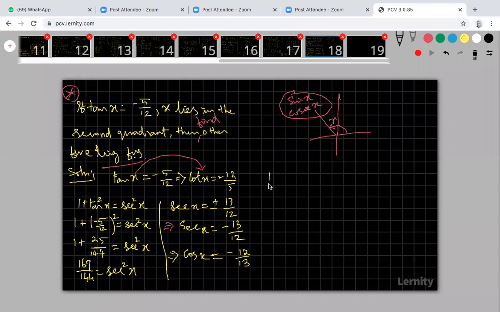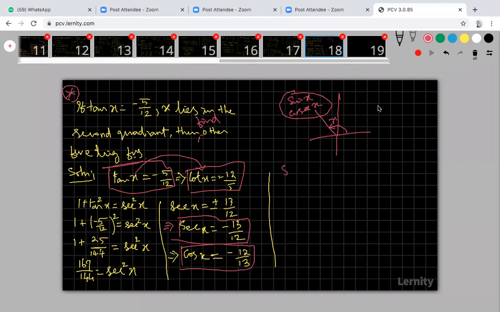So now, this is your tan x, this is given. This is your cot x. This is your secant x. This is your cos x. Now find sin x and cosecant x.